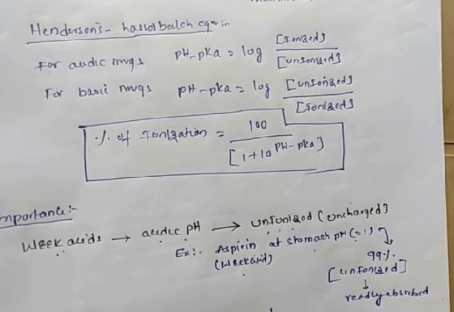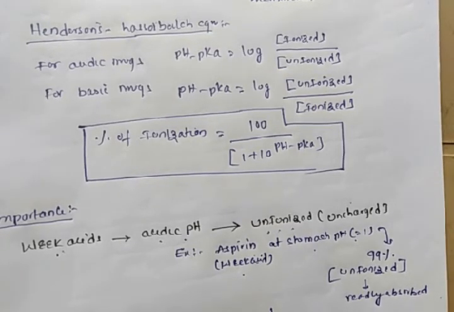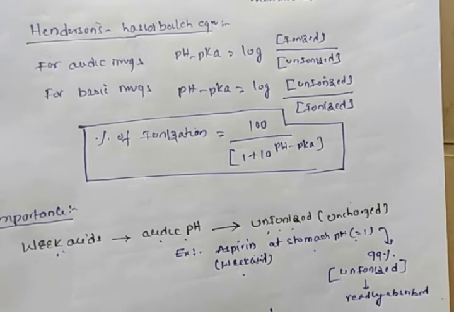Before administration of the phenytoin injection, it is adjusted to a pH value of 12 to get 99% of the drug in unionized form.